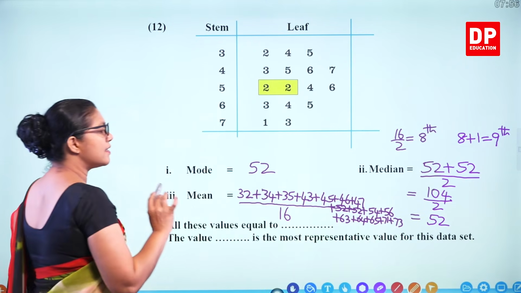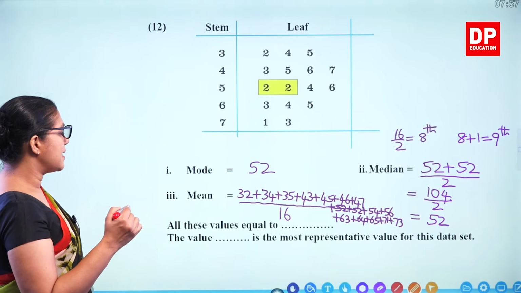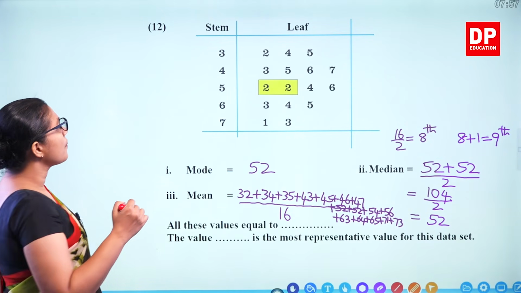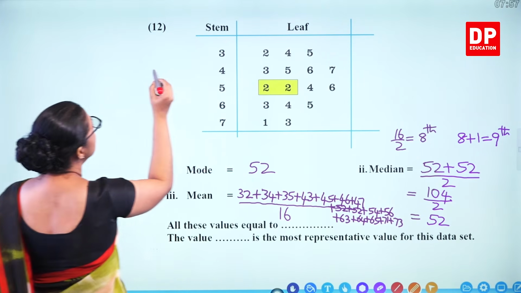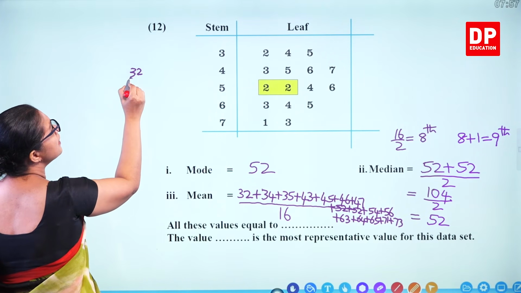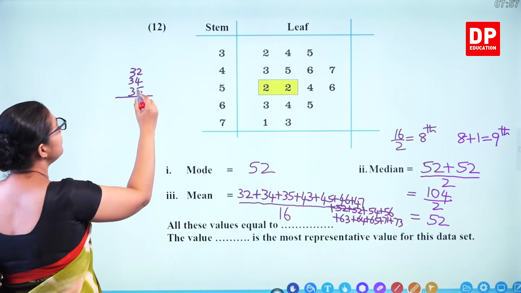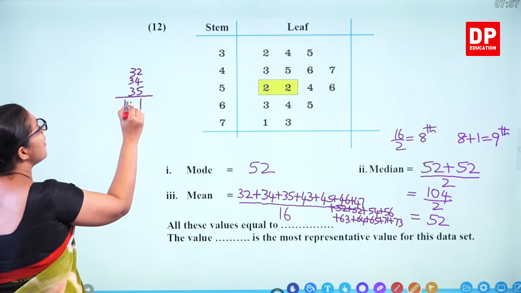So those are the sum of all numbers divided by 16. So what's the value? We'll add it. 32, 34, 35. What's the total? 101.